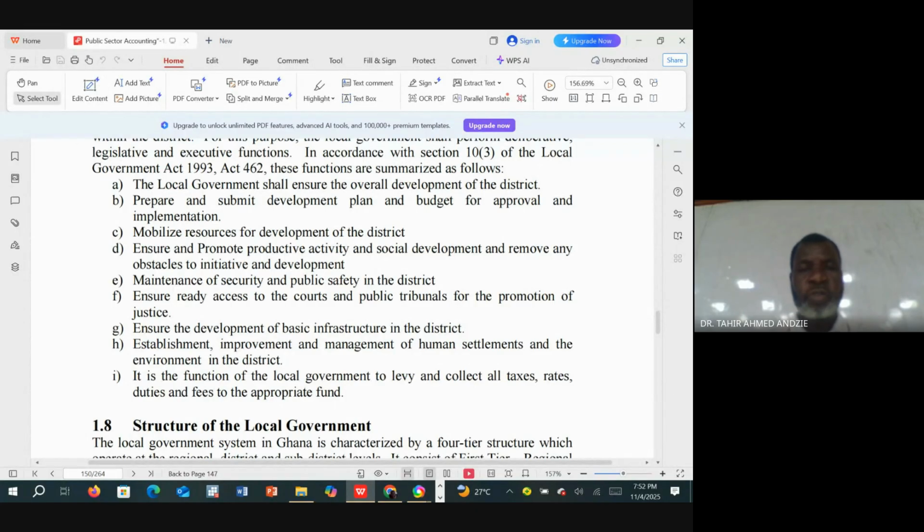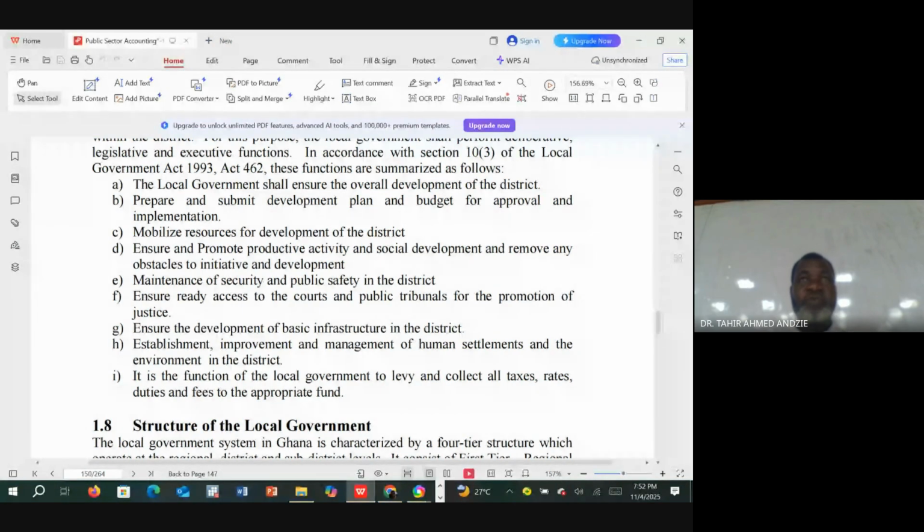Yours is to ensure the overall development of the district, prepare and submit development plan and budget for approval and implementation. You cannot spend any money from government without coming out with a plan, a budget, and how we intend to implement what is in the budget. So they are supposed to prepare and submit a development plan in terms of budget for approval and implementation, and mobilize revenue for development of the district.